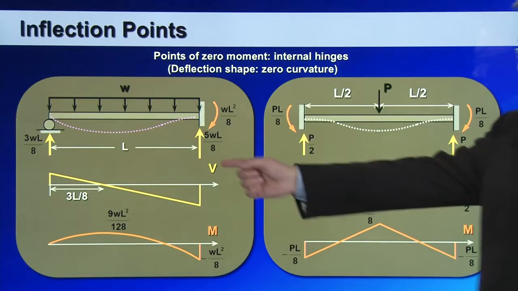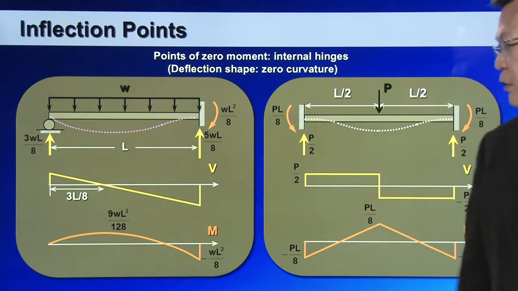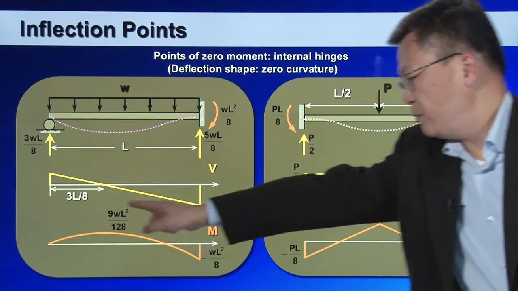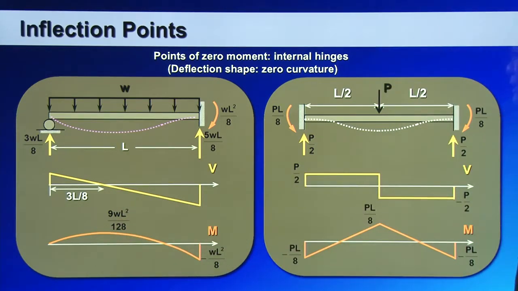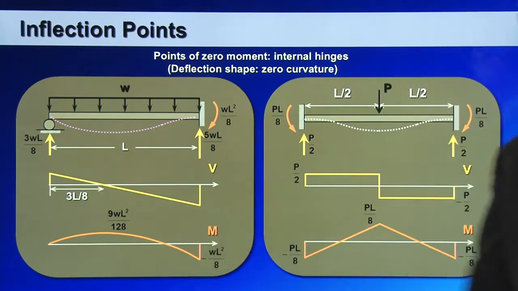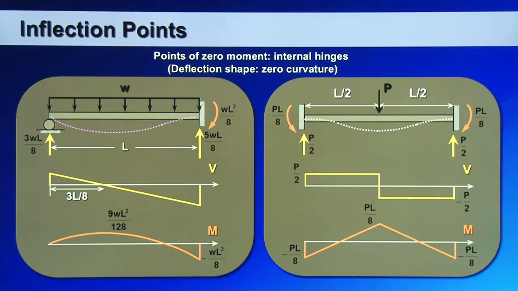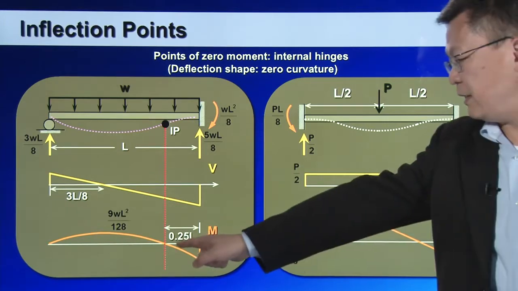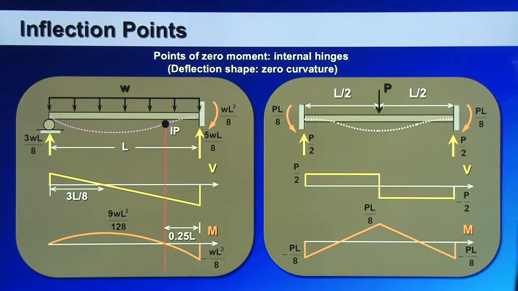Indeed, if you go to a further analysis, you will find that in the bending moment diagram, there is one point where the bending moment actually goes to zero. That is located at about 1/4 from the right-hand side of the beam.